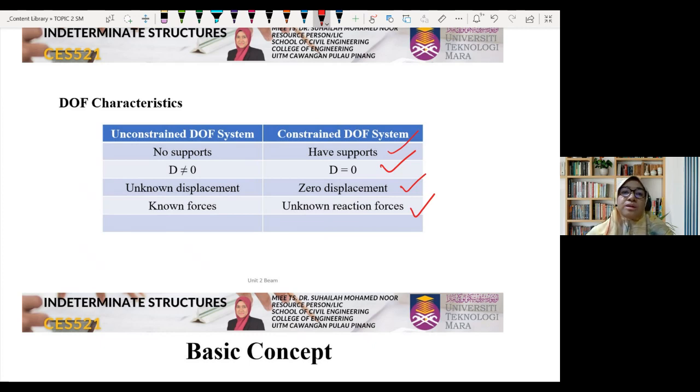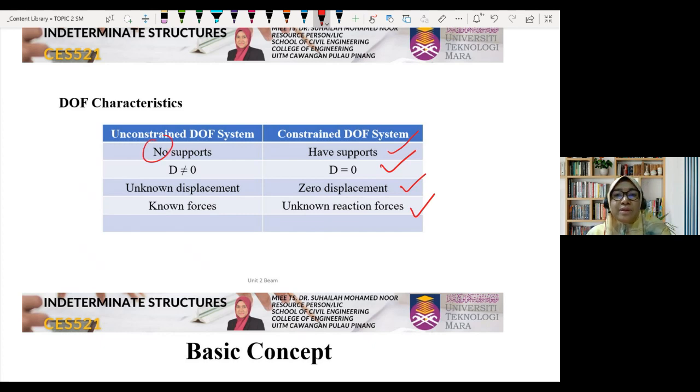Let's look at the unconstrained degree of freedom system. The characteristics of the unconstrained system are opposite to the constrained system. If one has a support, the other must have no support.